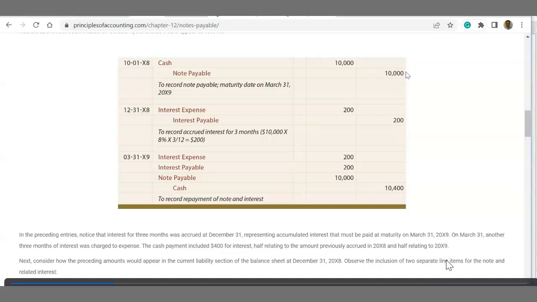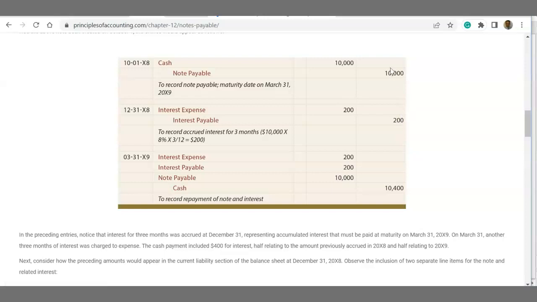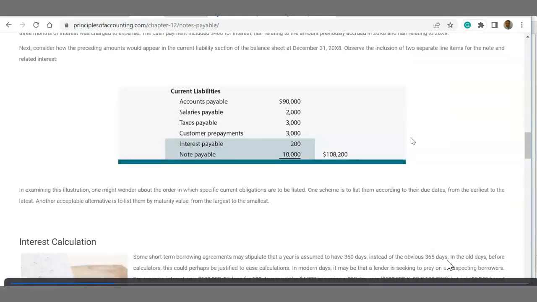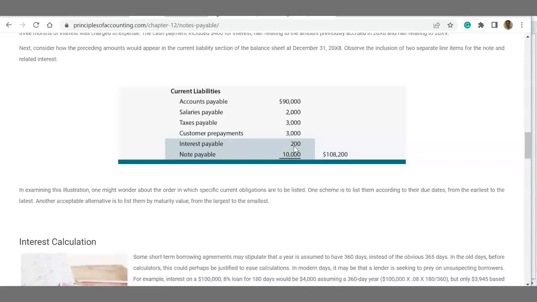So on December 31st, we need to recognize those two liabilities as current liabilities. And why is it so important to recognize something as a current liability? Because that will change the liquidity ratio of the company. Changing liquidity ratios will have a big effect on future borrowing and the interest rate the company might receive.